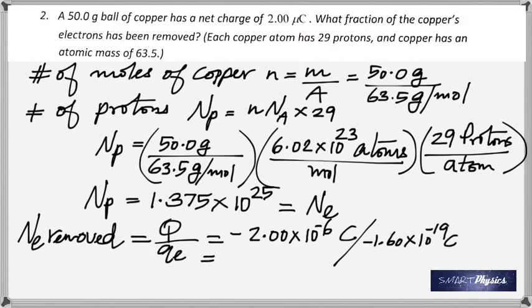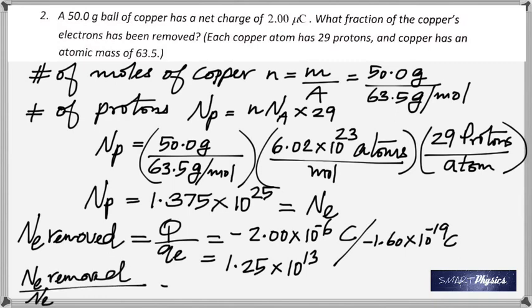So you get 1.25 times 10 to the 13. Now, what do you have to do next? Last step. Divide. Yes. And so to find the fraction, divide the number removed by the number that was originally there.